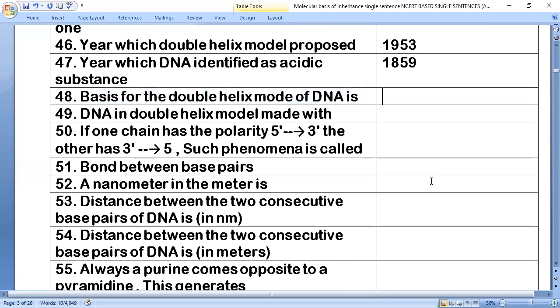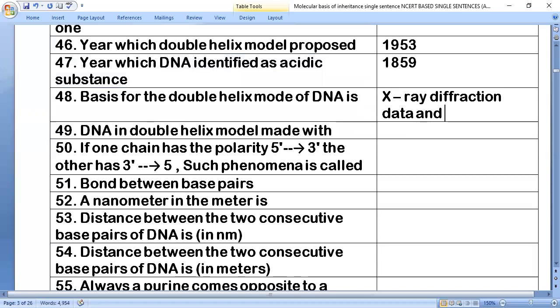Year in which DNA was identified as an acidic substance: 1869. Basis for the double helix model of DNA is X-ray diffraction data and Chargaff's rule.